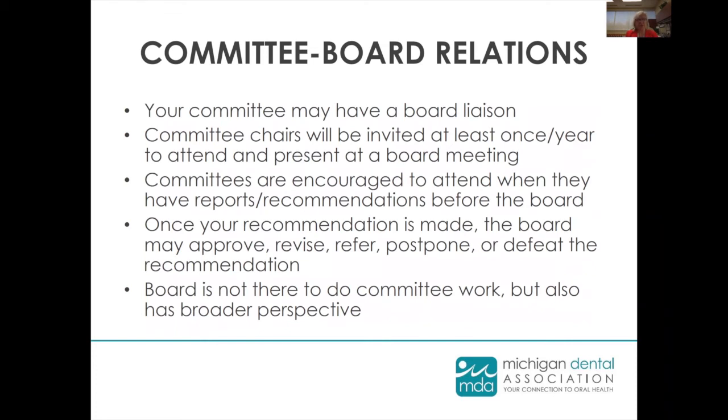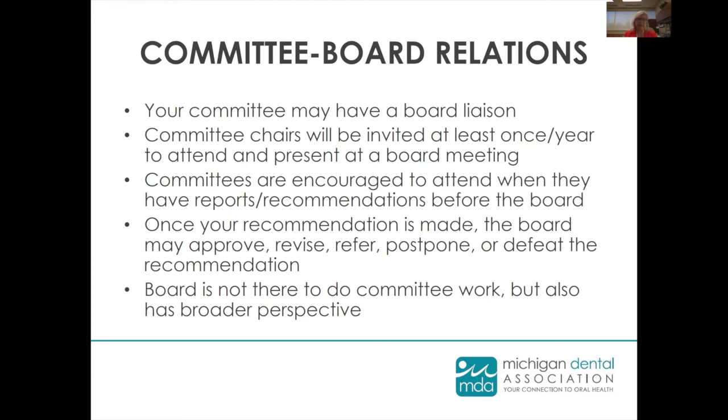Maybe your committee chair has gone to present the report to the board. At that point, it belongs to the board, and they may completely agree and approve your recommendation. They could revise it a little bit. They may seek advice from a second committee or refer it to another committee for further work. They could also postpone a decision, or they could even defeat your recommendation. Those are all things within the purview of the board.